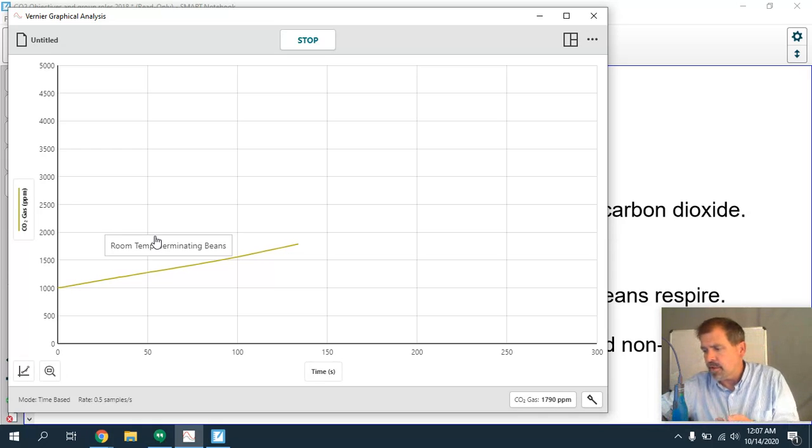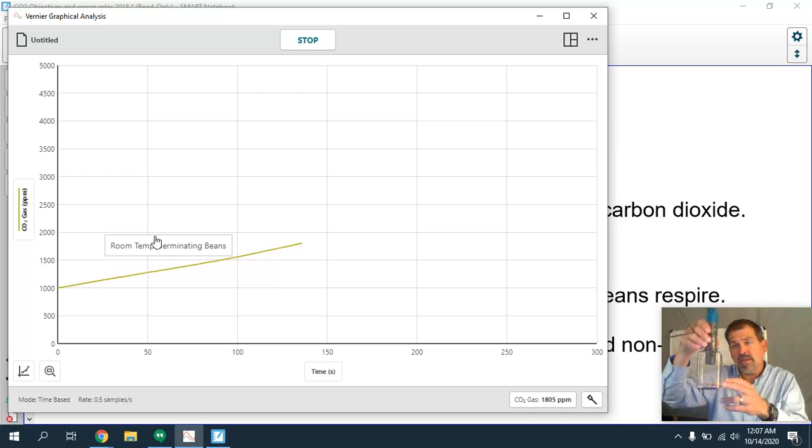And then we're going to compare, using these same beans, we're going to put these on ice. So we'll compare the rates of cellular respiration in germinating beans at room temperature to the rates of germinating beans at cooler temperatures. What happens if we slow or cool those temperatures down, right? Again, there's our little sensor as it's collecting its data.